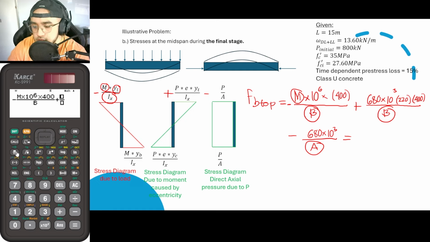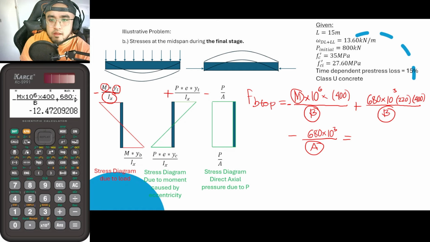Plus 680 times 1,000, or times 10 raised to 3, times 220 times 400 divided by alpha B, minus 680 times 1,000 divided by alpha A. Okay? So from that, the stress at the top is now equal to negative 12.472.